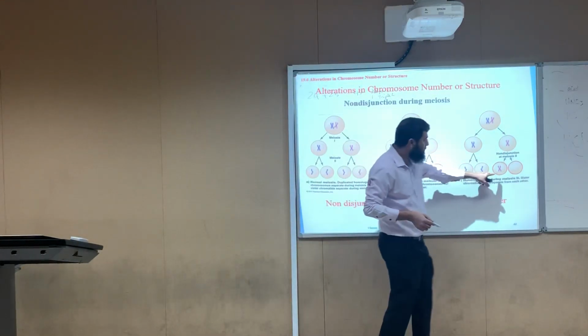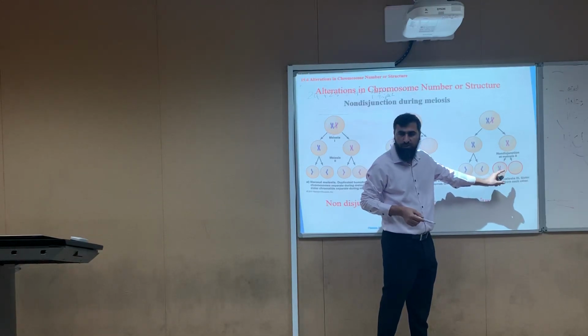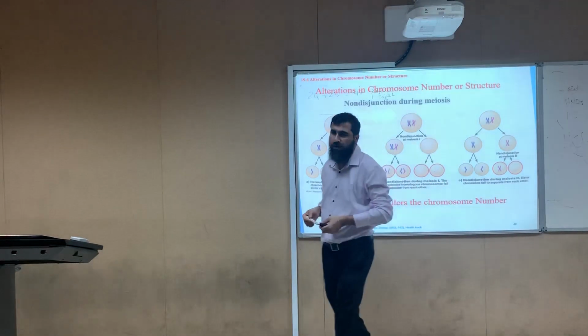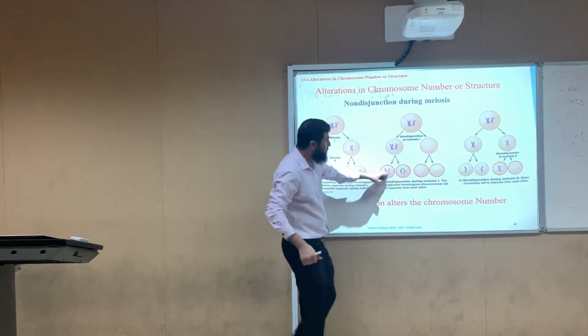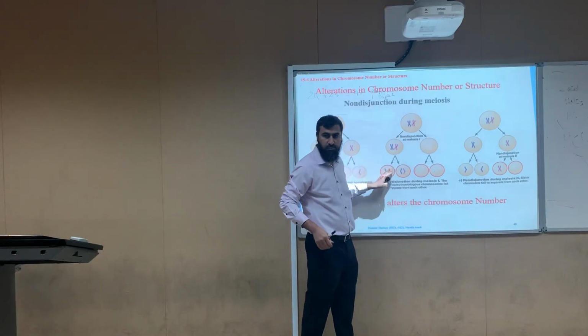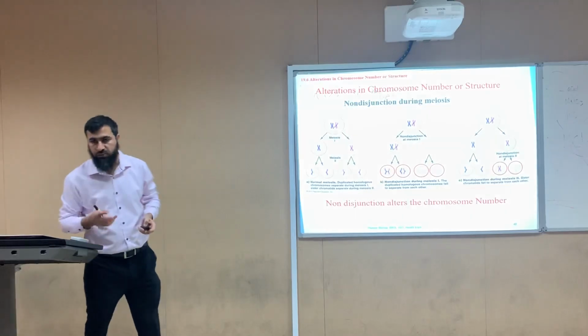If you fertilize this one with a normal sperm, you will also get trisomy 21, if it is the failure of chromosome 21 to separate, in both meiosis 1 and meiosis 2.